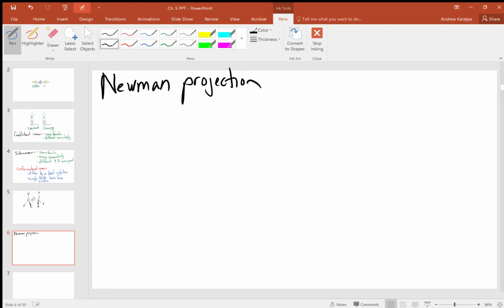And so what I'd like you to do with your model of ethane is to look at it and look straight down that carbon-carbon bond. So in other words, if these are your carbons, then look at it in that direction.